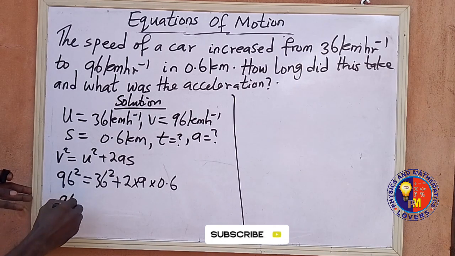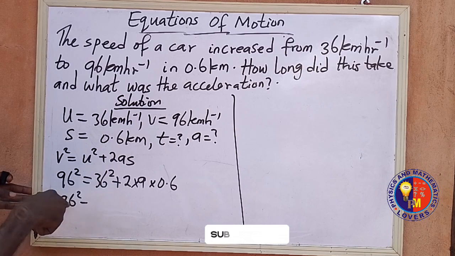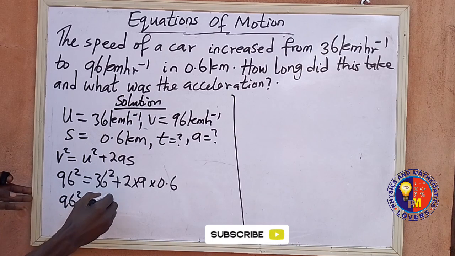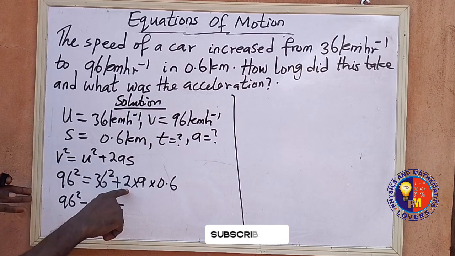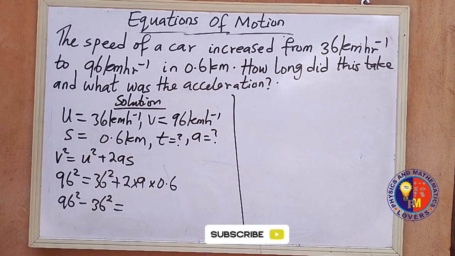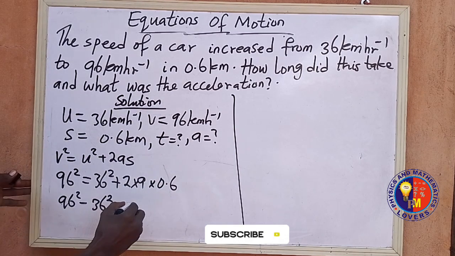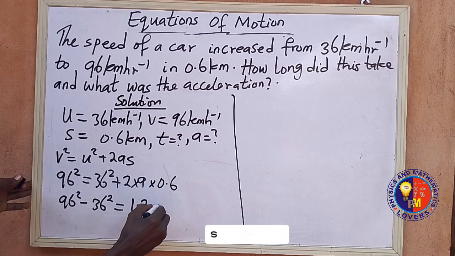We have 96 squared minus 36 squared, taking this to this side, equal to 2 times 0.6, which is going to give you 1.2a.